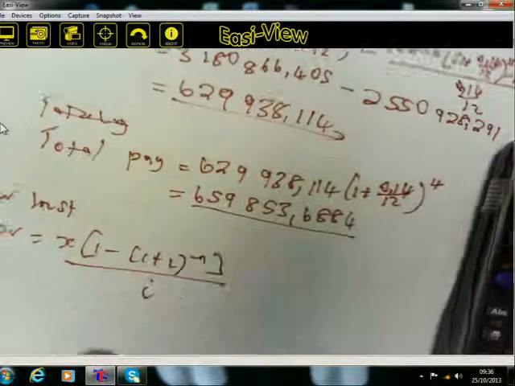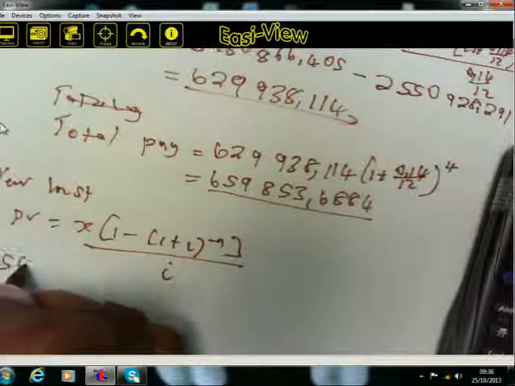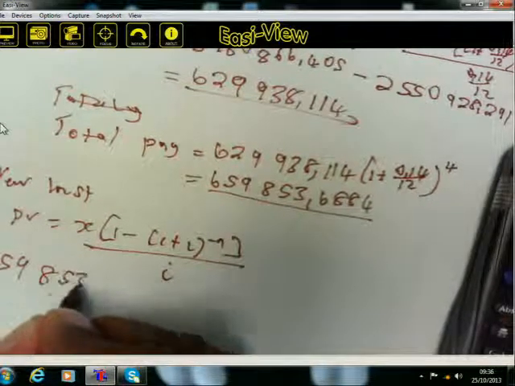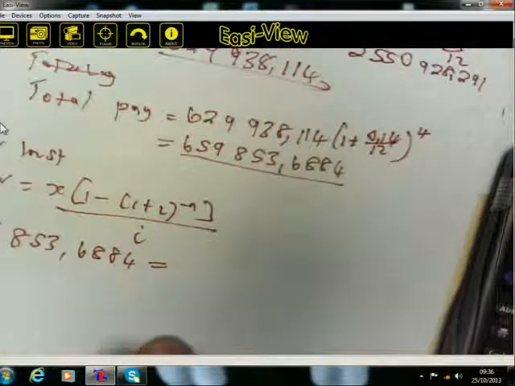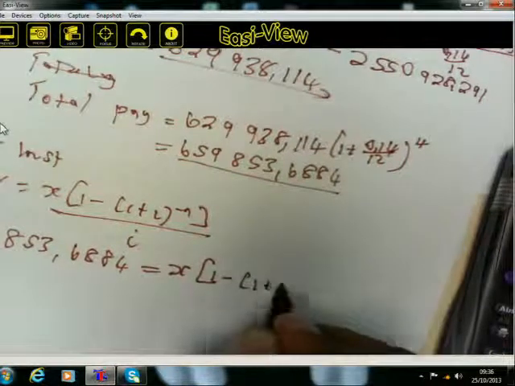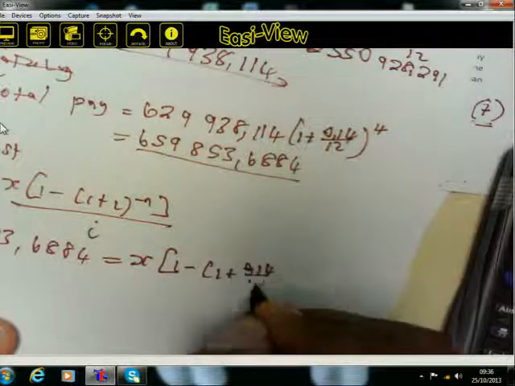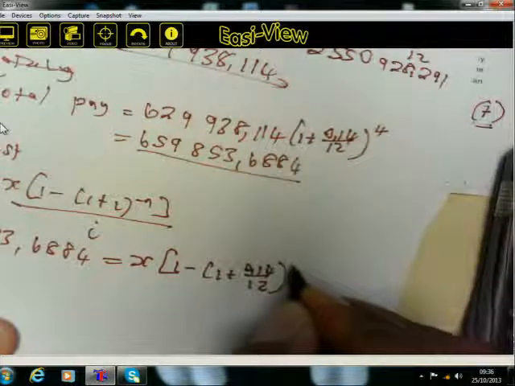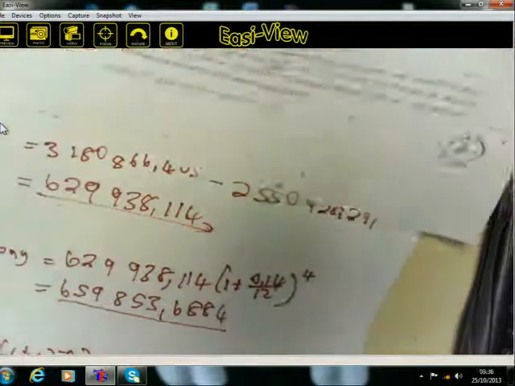What is the present value at the moment? The present value is 659,853 rand 6884. Now it equals, we are looking for x, 1 minus 1 plus i, where i is 0.14 divided by 12, to the exponent of negative n. Remember, they said we still have to pay 111 equal monthly payments.